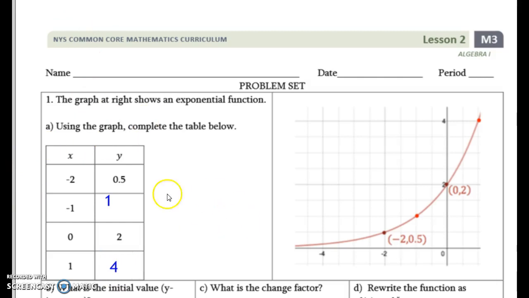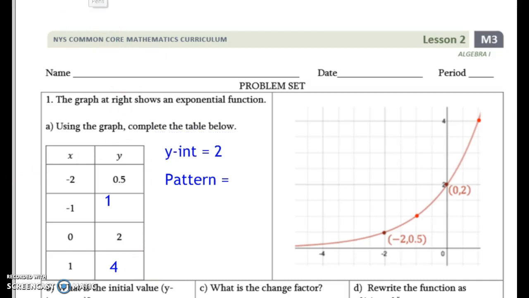Without looking at the b, c, and d, let's try to make the equation ourselves. We're looking for first the y-intercept, and we can see the y-intercept is equal to 2 in this case because that's where it hits the y-axis. The growth or decay factor, just the pattern we call it, is what's being multiplied or what's being divided here.